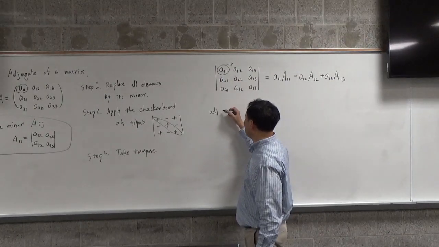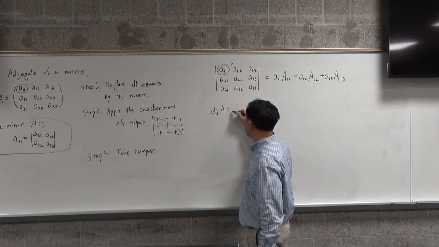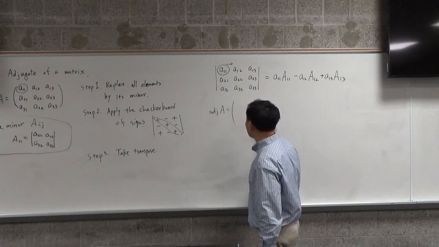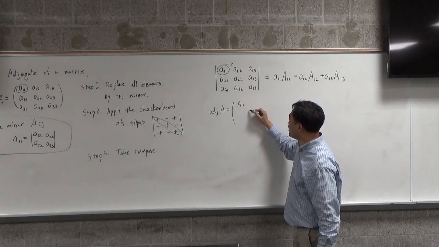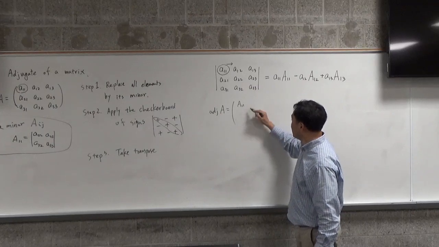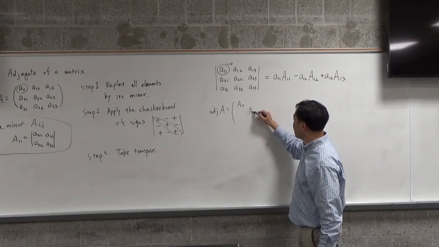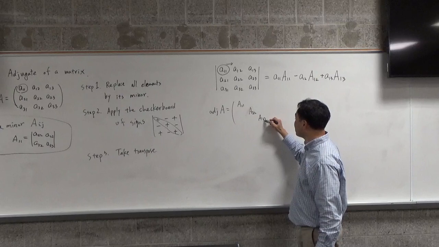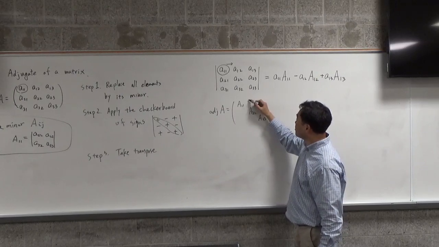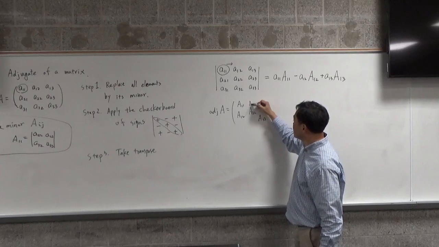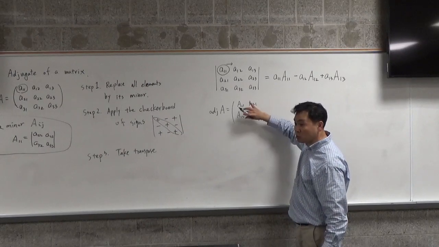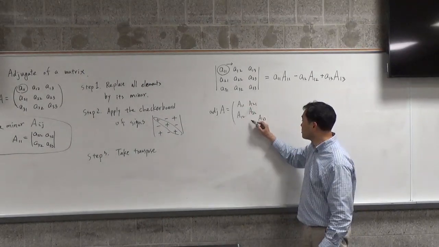And you can see what happens when you multiply the adjugate of a matrix A. According to this definition, A11, A22, A33 stay the same, but instead of A12 here, the A12 will go over here. A21, these two will be switched because of the transpose.